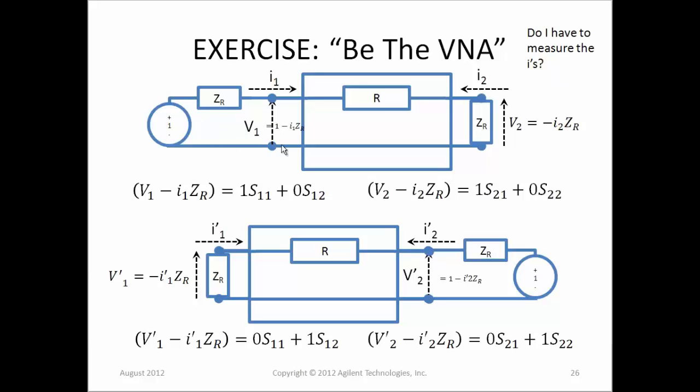Can you just measure the V's, and can you determine the I without measuring it? Turns out you can. With a little thought, you can figure out a way of doing that based on the fact that the output impedance of the 1 volt voltage source in my test setup has been chosen to be equal to the characteristic impedance of the S parameters that we're determining to measure.